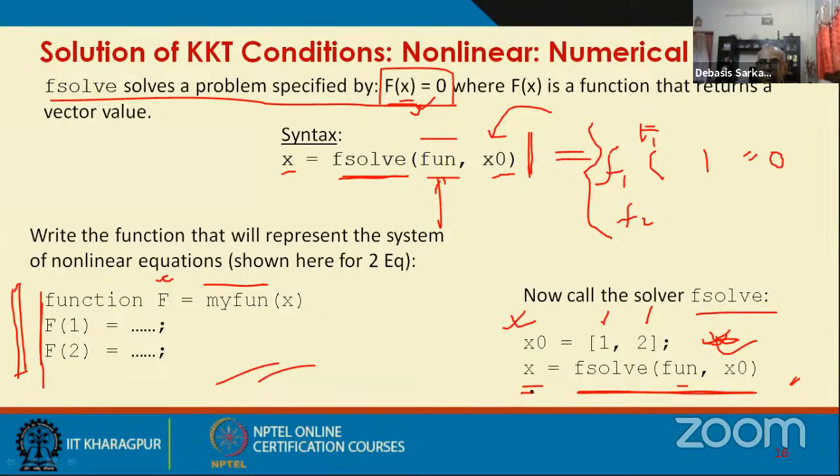X is the vector that will contain the solution to this problem. That means, what is the solution to the set of nonlinear equations? So x will contain the solutions here. For this particular 2 variable problem, x will be a vector with 2 components. So this is how fsolve needs to be used.